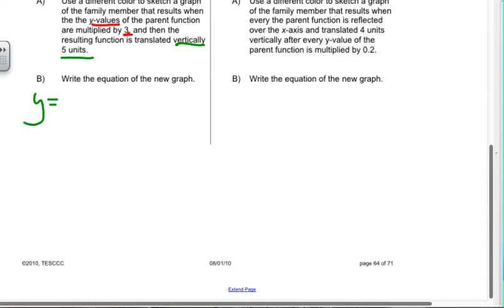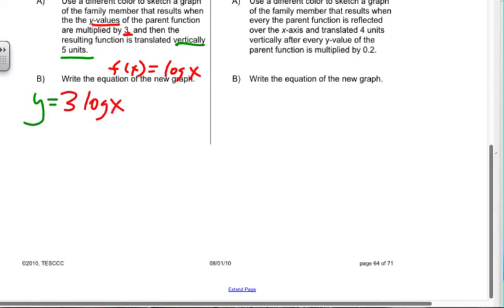So the first thing I noticed I did was I multiplied my y values by 3. So it's going to be 3 times my function. F of x is my parent function, which is log of x. So there's my f of x.